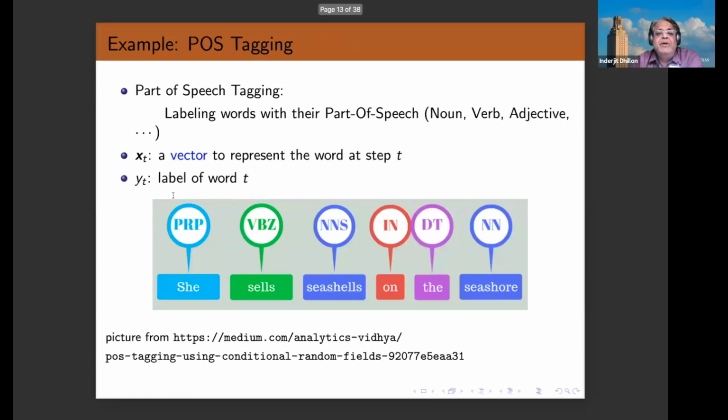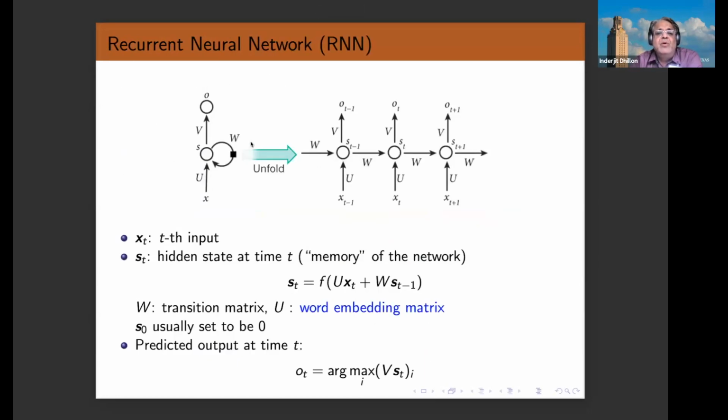Last time we saw the RNNs, the way it proceeds is it basically maintains a hidden state at time t, where you can think of t as the position of the word in the sentence.